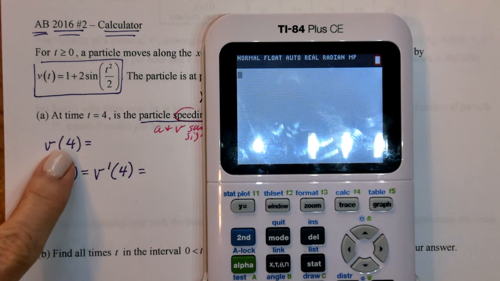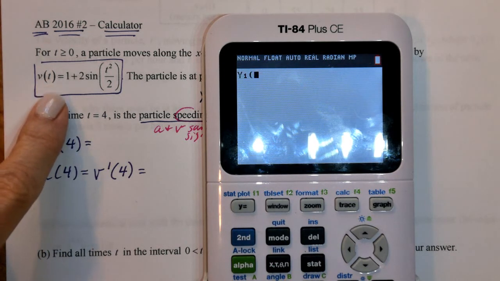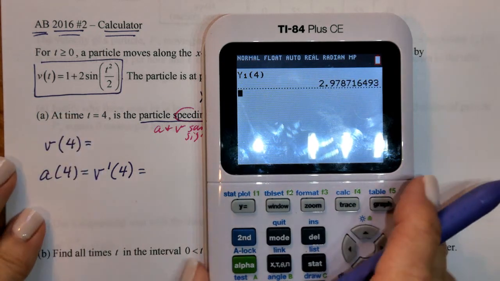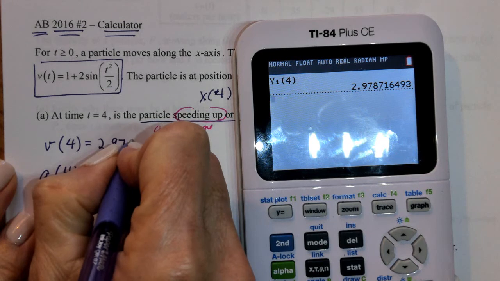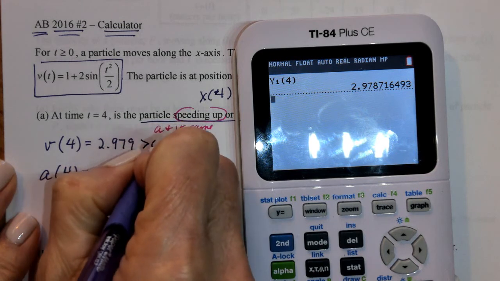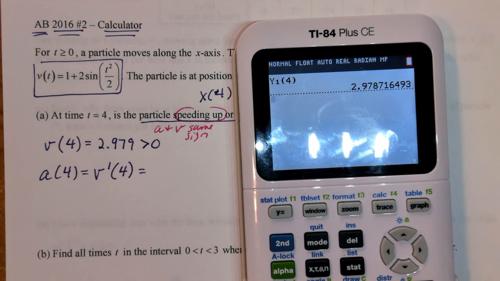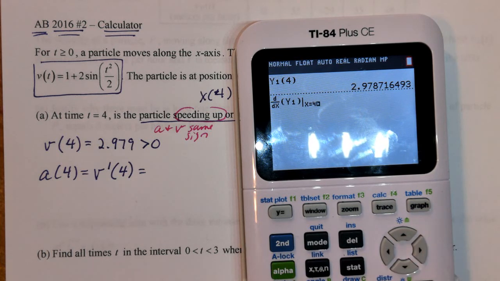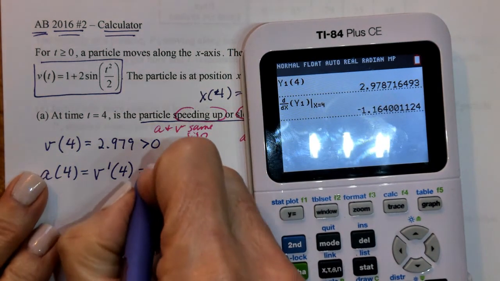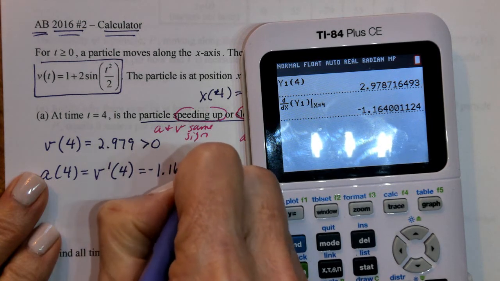And now V at 4 would just be y1 at 4. So I'm going to say what it is, and then I'm going to say it's positive. All right? A at time 4 would be math 8, the derivative of the velocity at time 4. And I see that it is a negative 1.164, which is negative.